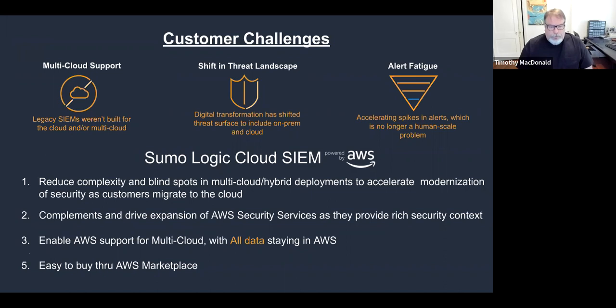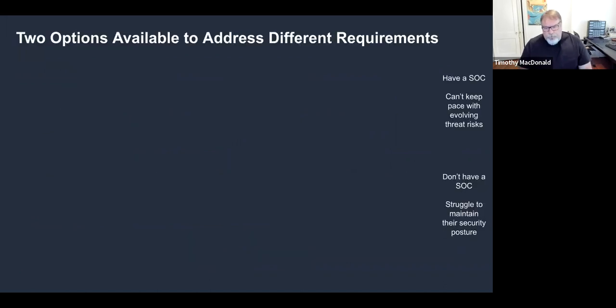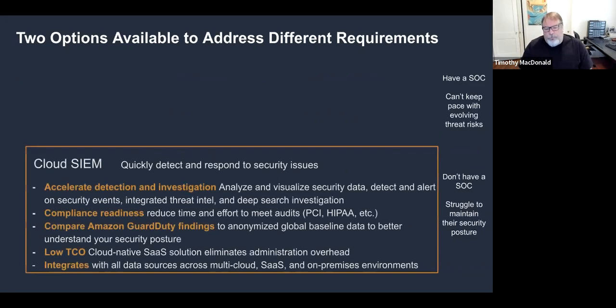John, can you go to the next slide? So, this product, there's actually two products here. And these are targeted at two different use cases. The first one is for people that don't have a SOC, meaning that you're not necessarily operating a 24/7 security operations center with at least one dedicated analyst, typically more.